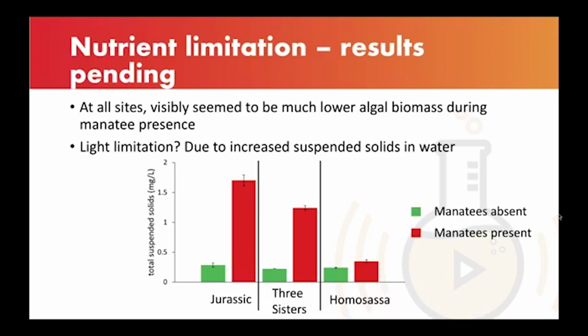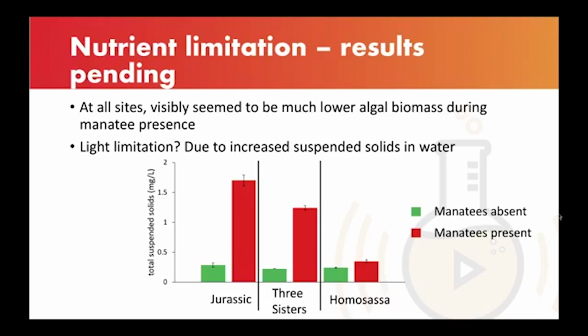We can't use our machine right now because of the COVID situation that we're trying to analyze our algal biomass data with. But we think that there could possibly be light limitation due to increased suspended solids in the water column, which is what I have here on the graph below.